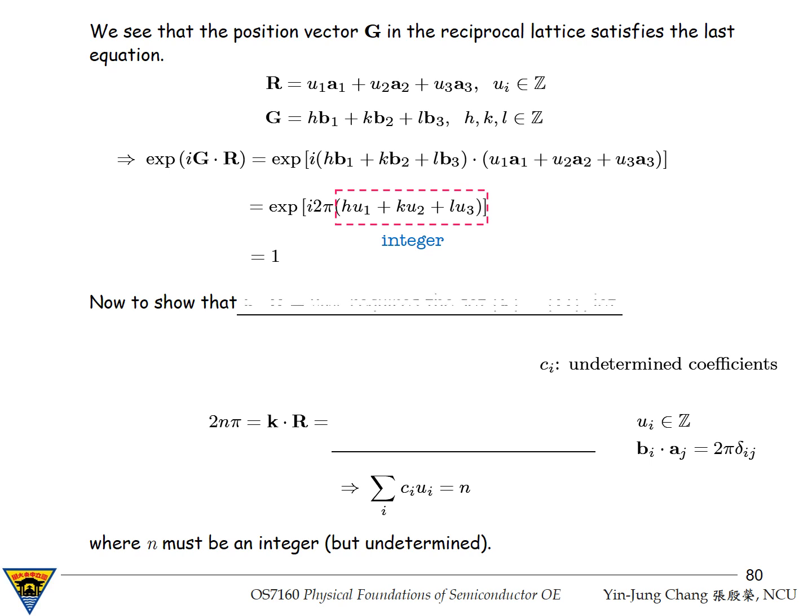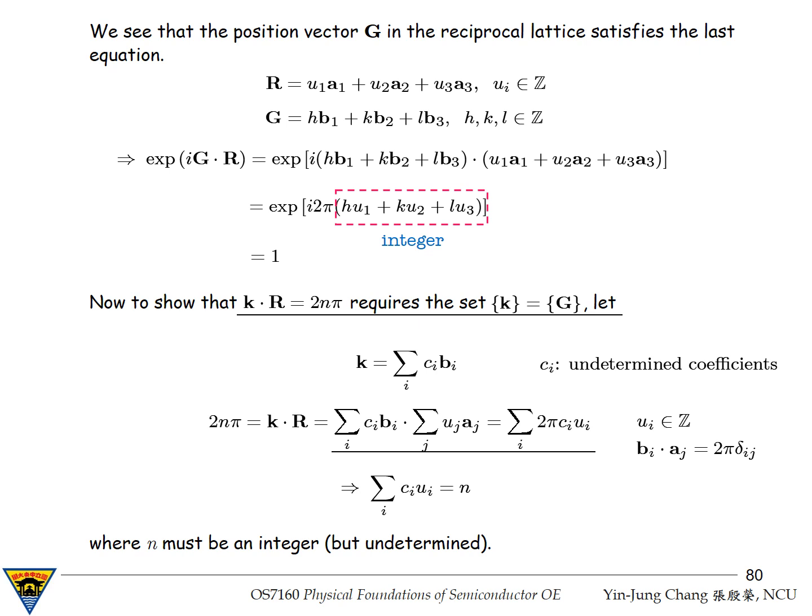If a wave vector k satisfies k·R equals an integral multiple of 2π for every lattice translation vector R, then the wave vector k must itself be a reciprocal lattice vector. To do that, we expand the wave vector k in the reciprocal basis as shown in this expression, where c_i, i equals 1, 2, and 3, are undetermined coefficients. Then k·R can be written as shown.